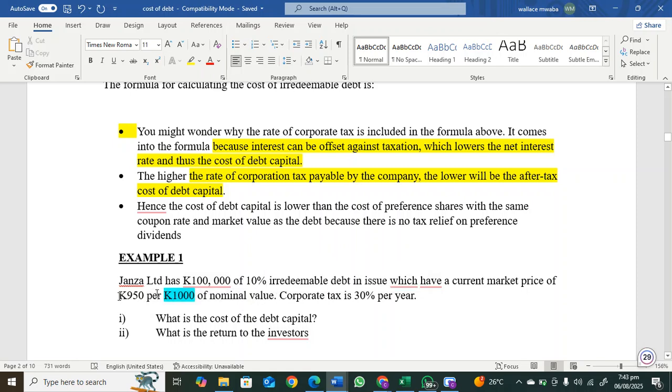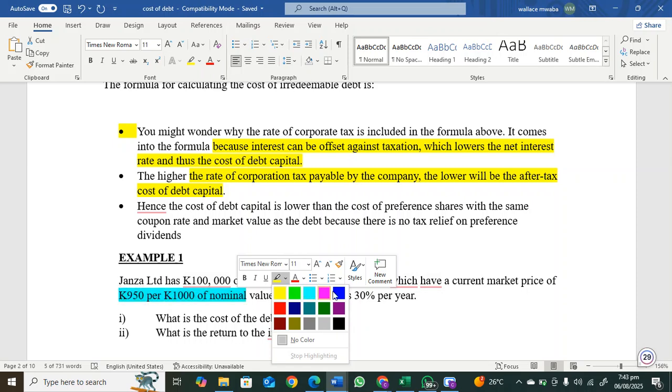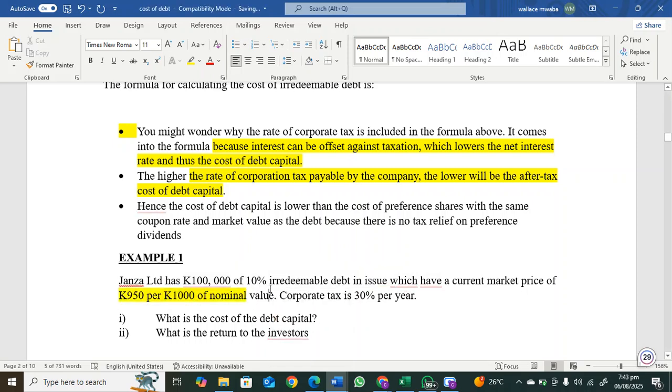Colleagues, what this sentence is saying, when we say 950 kwacha per 1,000 of nominal value, is that the nominal value of the debt is 1,000 kwacha, and the amount you pay for the debt is 950 kwacha.